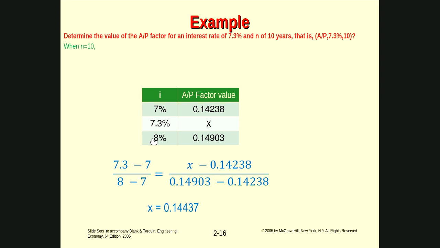So imagine if I'm bringing you a question with an interest rate equal to 7.3, and when you look up in the table you don't find F given A or F given P for 7.3, but you have 7 and you have 8.